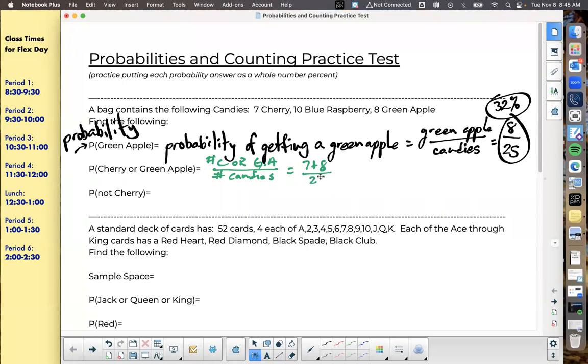And the bottom is 25 candies. So we've got 15 25ths, which if you want to write it as a fraction would be 3/5. But we are trying to practice these as percents. So on your calculator, 3 divided by 5 would be 0.6. And then as a percent, you move it over 2. So that would be 60%.